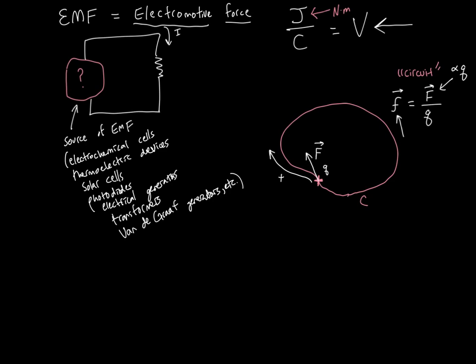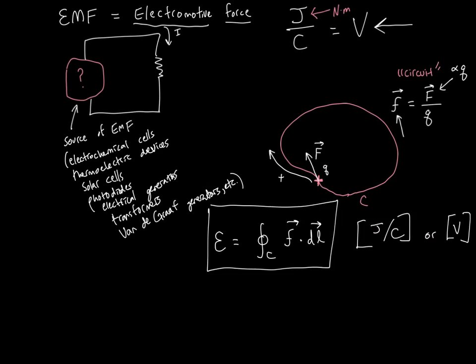So as we move our positive test charge Q around the closed path C, in general, there's force exerted on Q at every step of the way. And EMF is the work done by the external force F per charge as we move once around our closed loop C. And here's the mathematical equation for the EMF that computes what I just said.